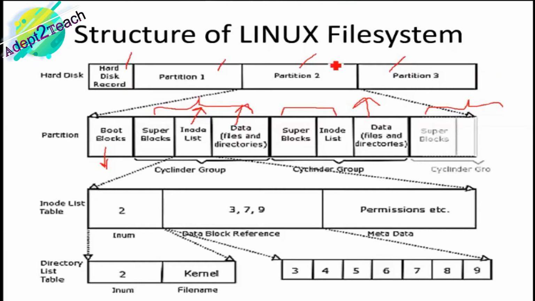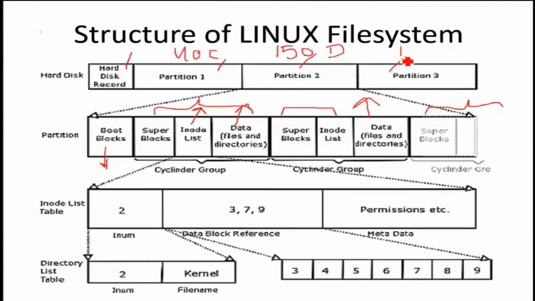For example, if you have a 100 GB hard disk, then you have allocated 40 GB to partition 1 and you have referenced it as C drive. Then next, let's say 150 GB you have given to partition D and you have called it your D drive, and the rest, whatever is applicable, I think it's 110 GB that is available, you have called it E drive.